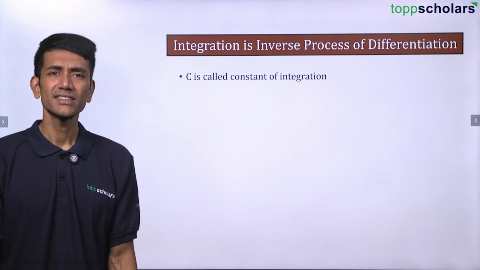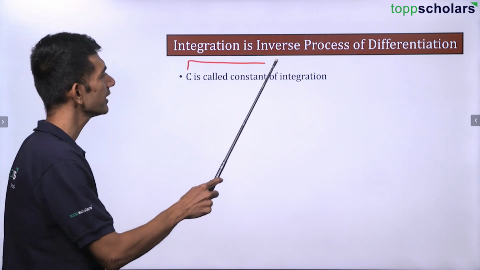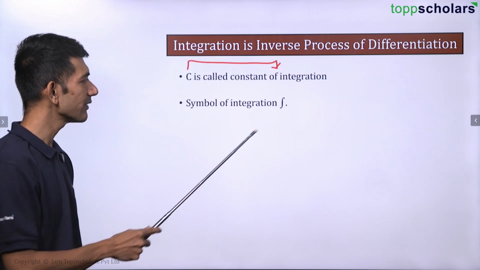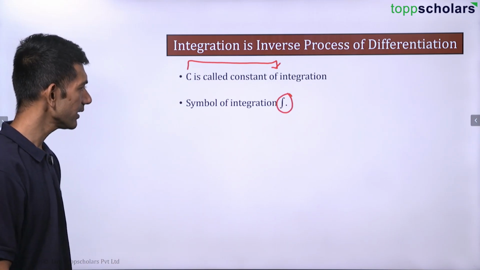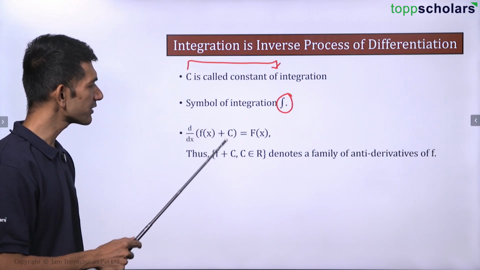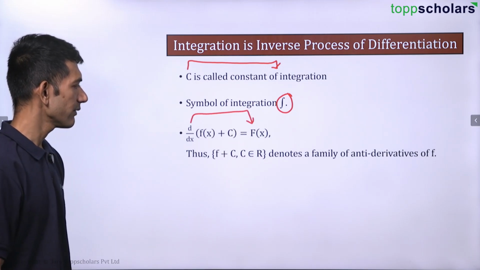What is the meaning of this c? C is called the constant of integration, right? And this is the symbol for integration. So here we have d by dx of fx plus c is equal to fx, right?